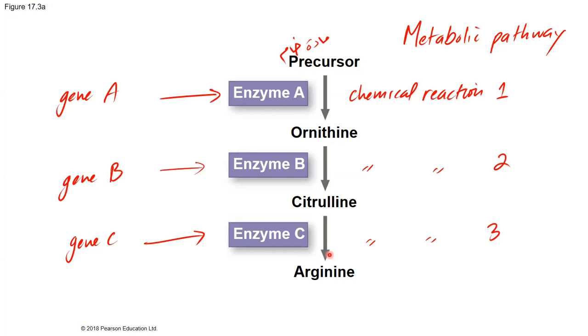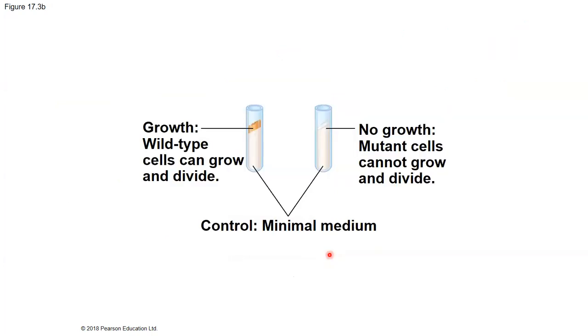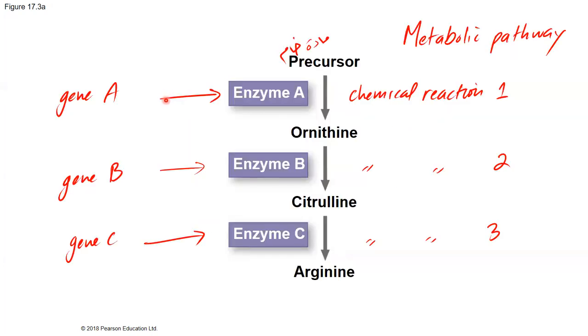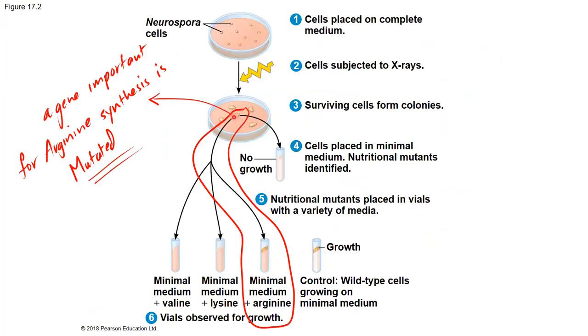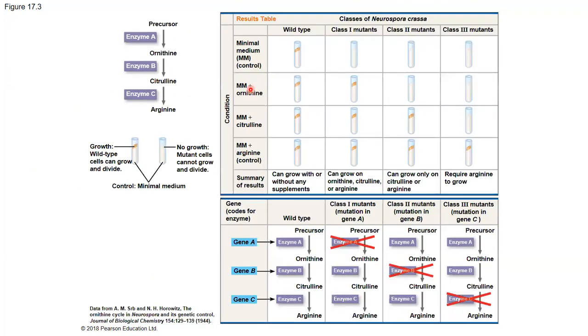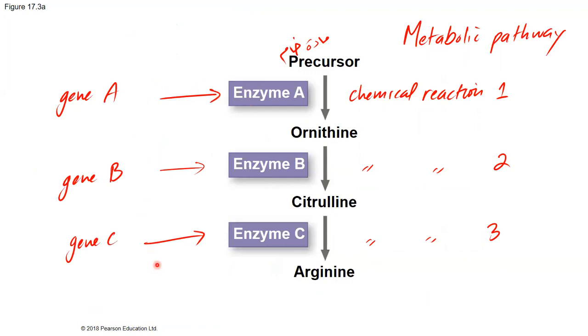Now, you could think about the cells here, which are Neurospora arginine deficient cells. They could have mutations in any of these genes.